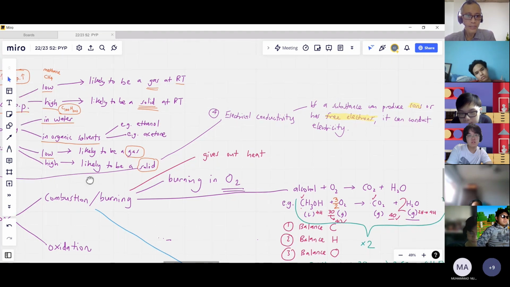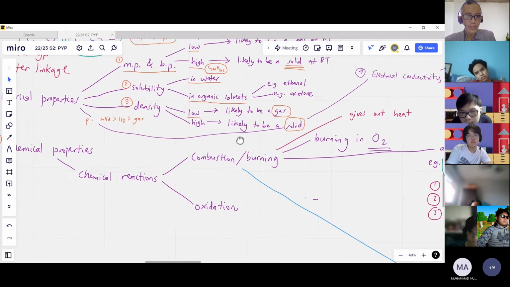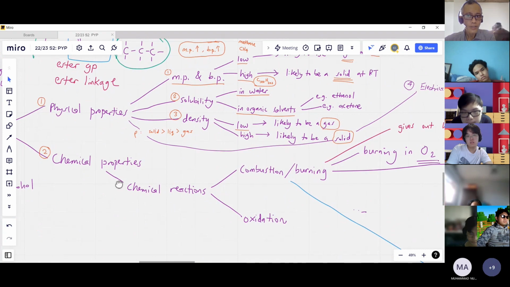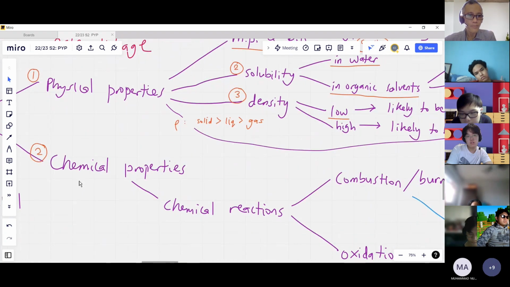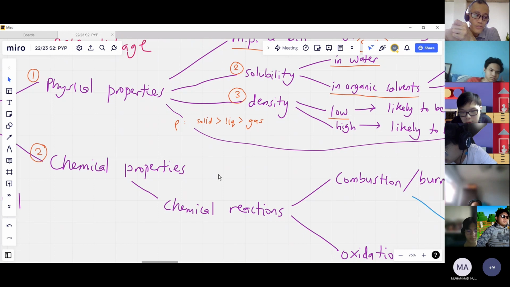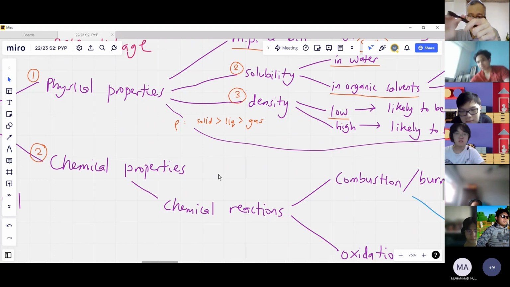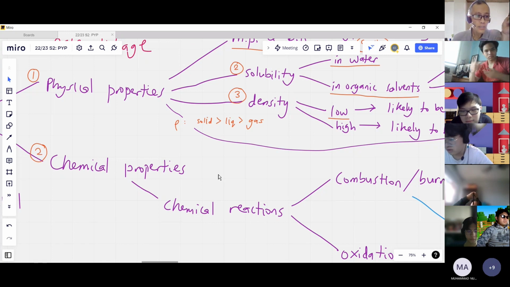The other important question that you're likely to encounter, this one: chemical properties. Your question will ask you, write down one or two chemical properties for, let's say, carboxylic acids. So I'll make it very clear here.